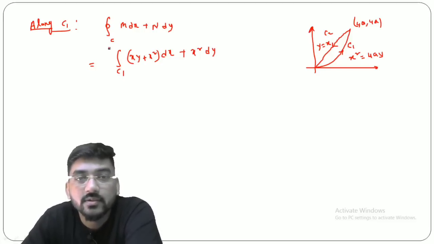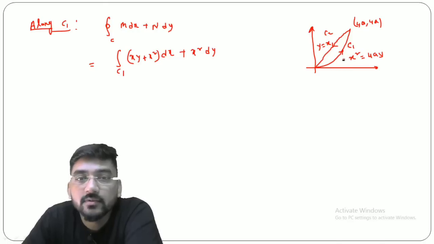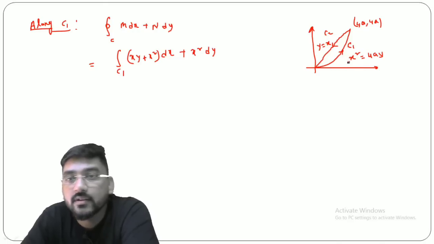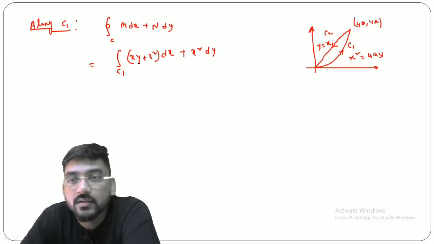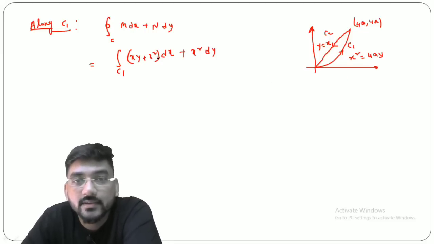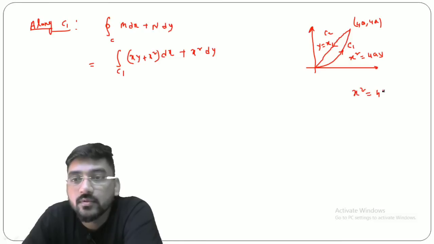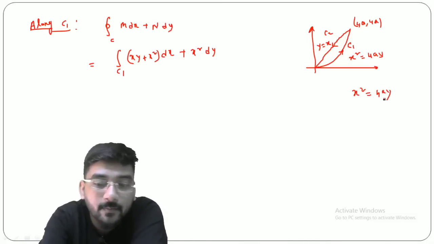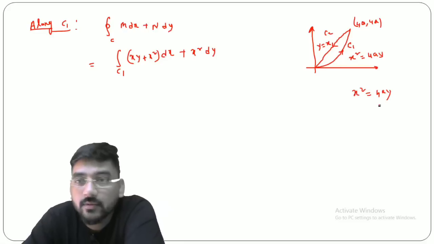Along C1, your x square is equal to 4ay. So we have to convert it first in terms of x. We have x square is equal to 4ay, so differentiating we have 2x dx is equal to 4a into dy.